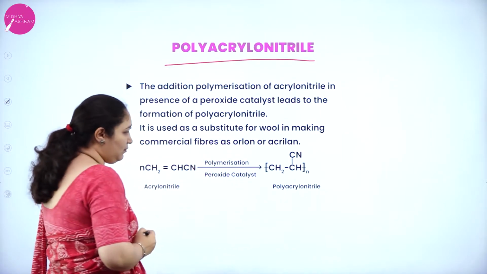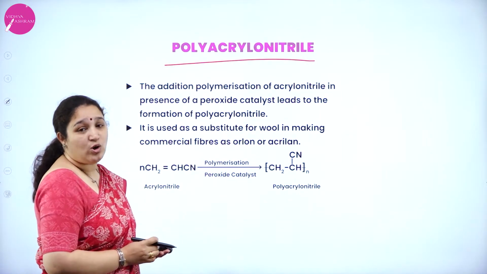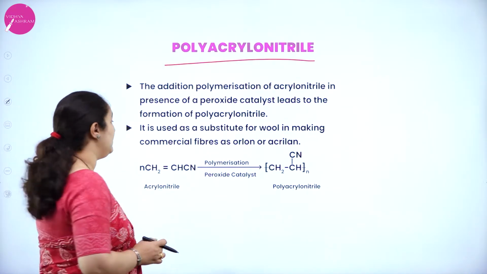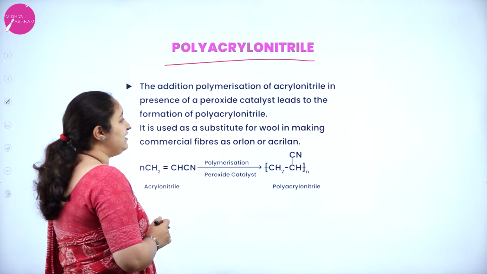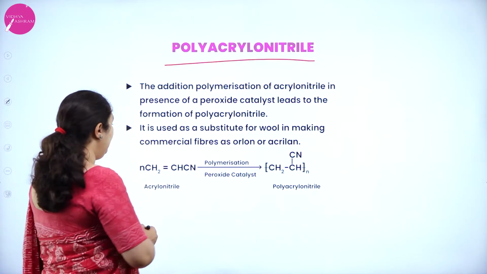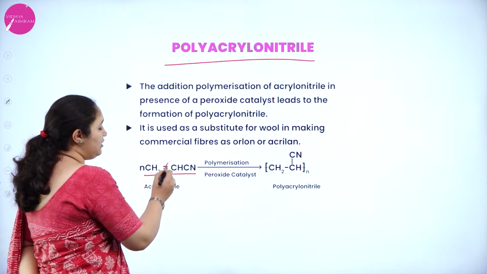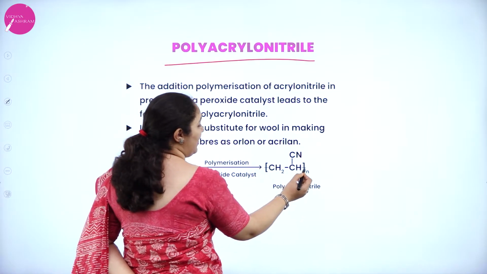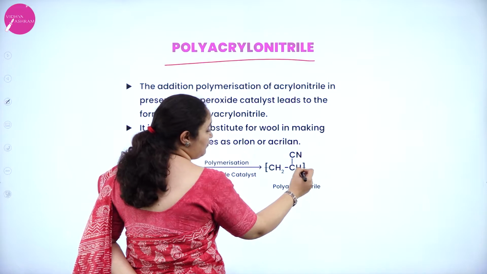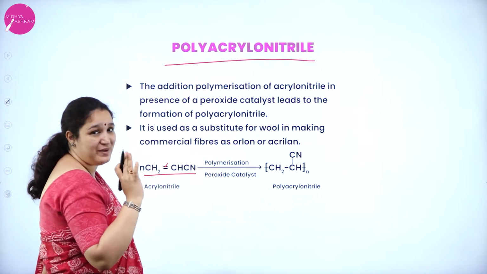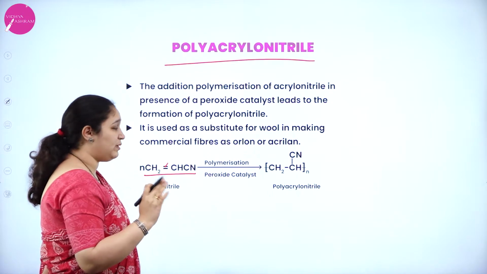Next is polyacrylonitrile, or Orlon as we call it, or acrylan is the other word. So what is this? It's an addition polymer of acrylonitrile, CH2=CHCN, where the double bond is broken; you can see CH2CH. On both sides you have to show the linkage. CN is not bonded. Please remember, CN remains as it is. The cyano group remains as it is.